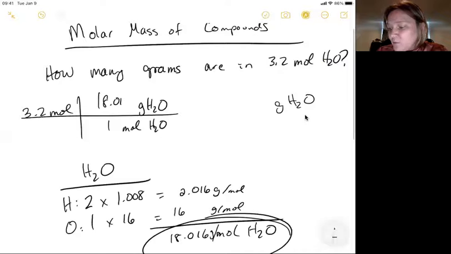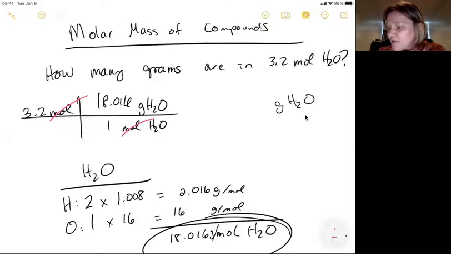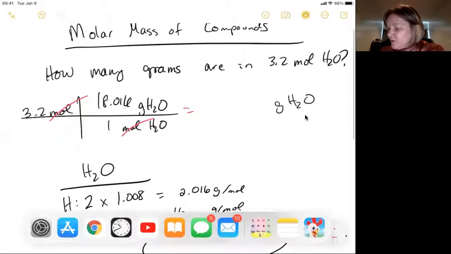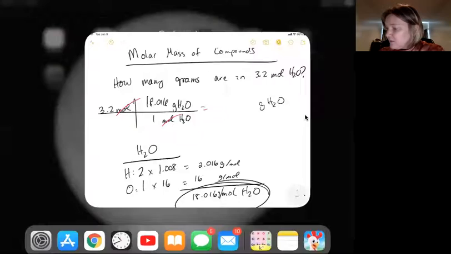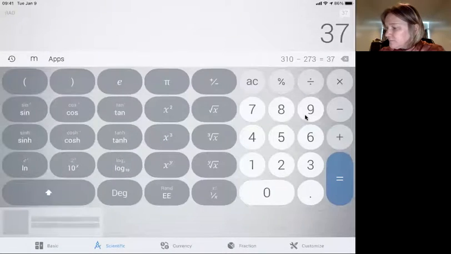Then you put 18.016 up here, and then you can go ahead and cancel the moles just like we did earlier. Then you get out your calculator.